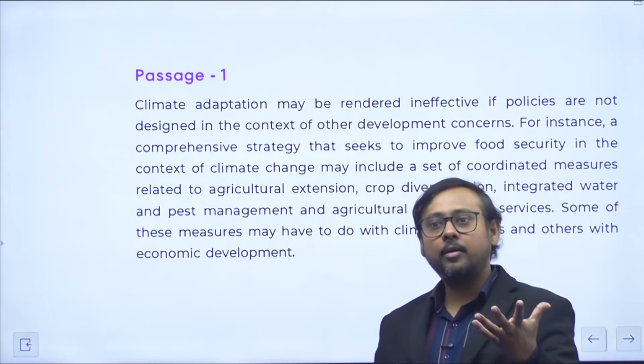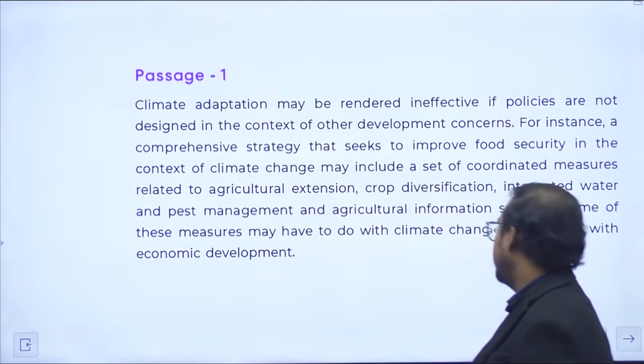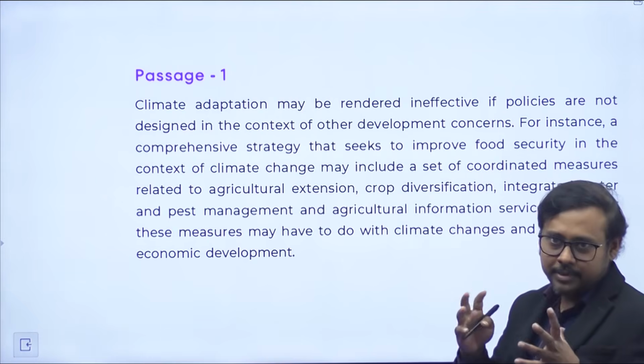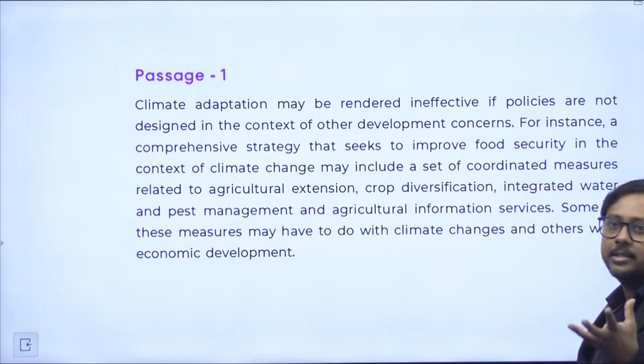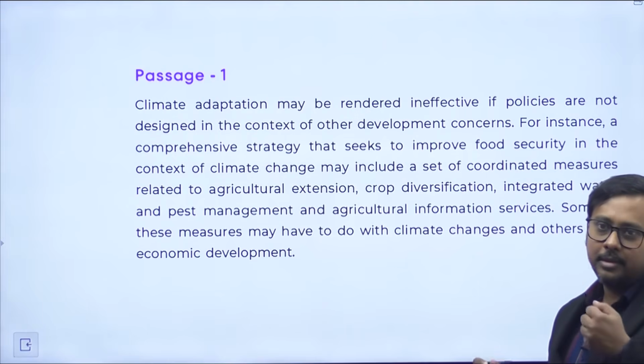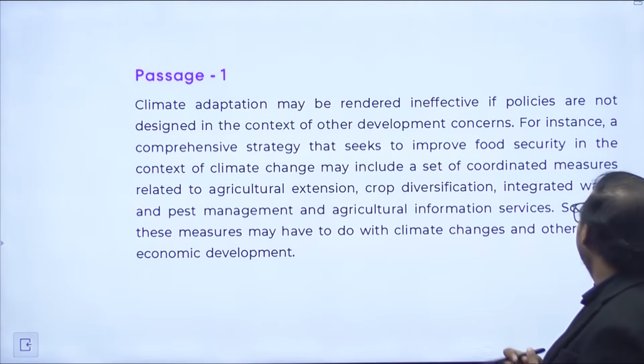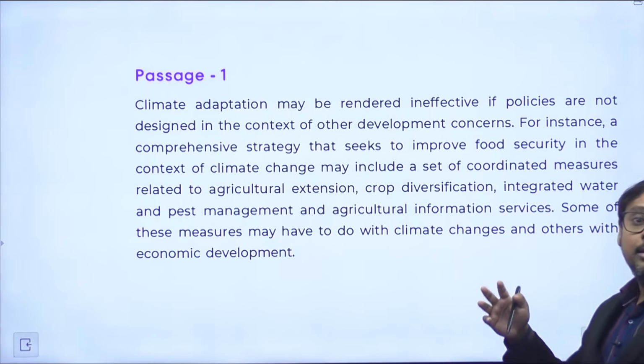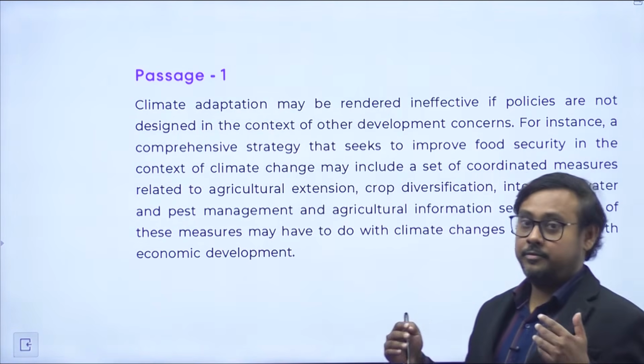Yes, tackling food security and climate change, right? Now, which is the section where I can say that it is giving stress? Yes, comprehensive strategies are needed to improve food security. Coordinated measures. And what did I say is one of the important aspects of inference?